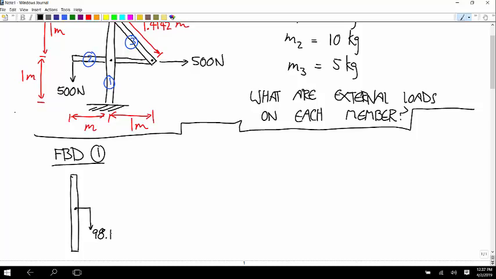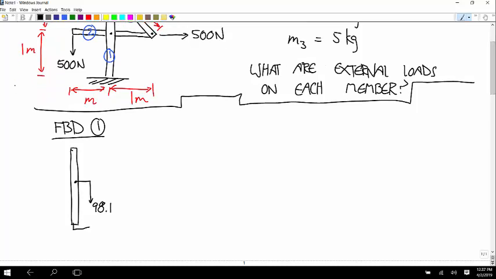Down at the ground, that's a fixed joint, so what kind of loads do we have there? It can't move at all, and it's a 2D problem, so both degrees of freedom in translation are eliminated, so there's a force vector. And then the rotational degree of freedom is eliminated, so there's a couple. That's the way to think about that.